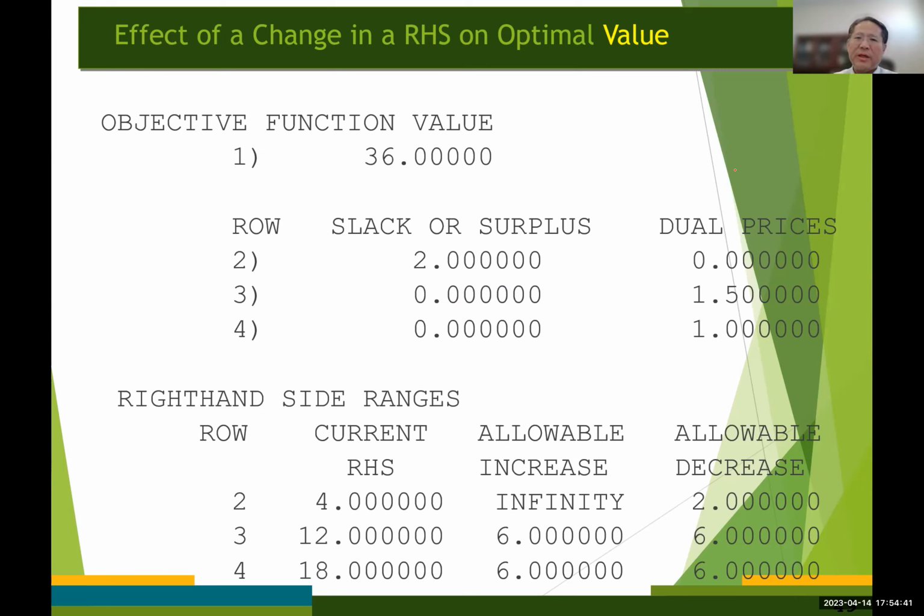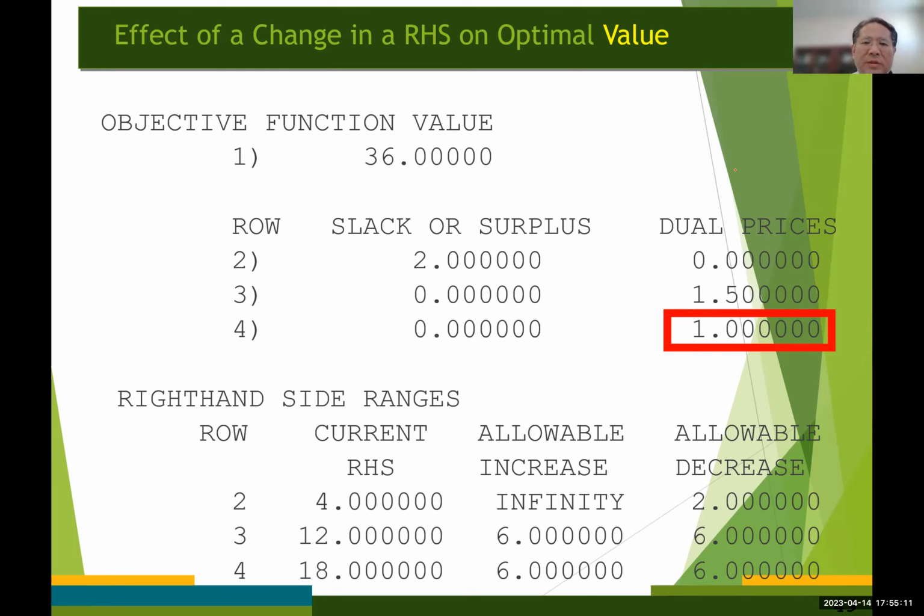Now, what if B3 is decreased by 1 unit, which is still within the allowable range? What happened to the objective function value then? Of course, the objective function value will be decreased by 1 times this much, right?